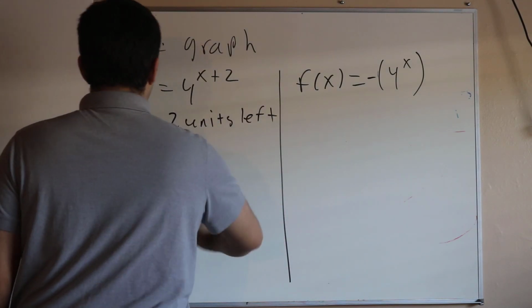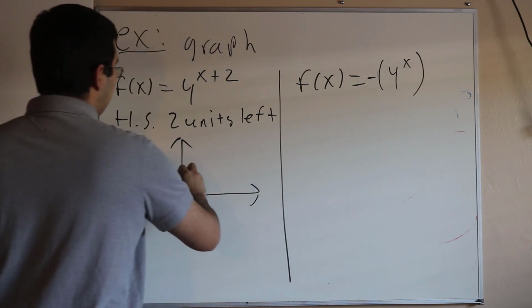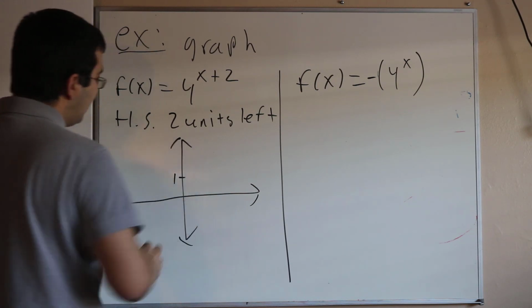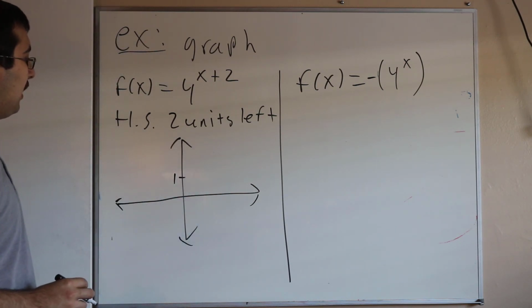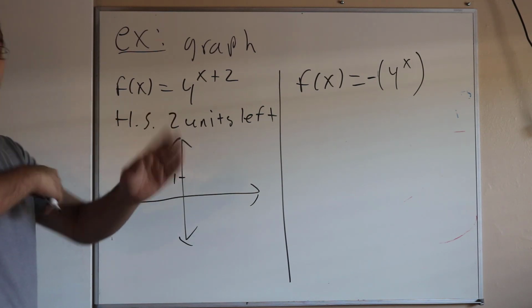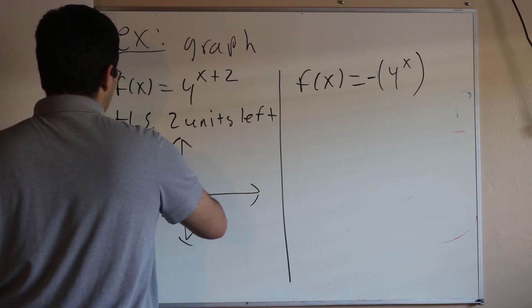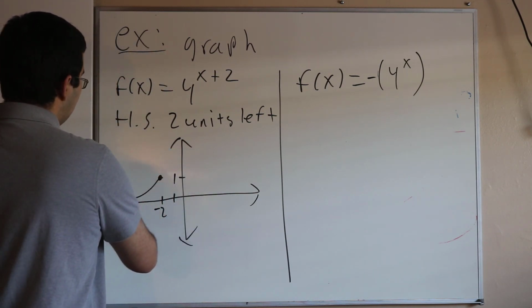Okay? So, what does that mean for us? All that means is, if before I had the y-intercept of 1, or 0, 1, I'm now going to take that point 0, 1 and move it 2 units left. So now I'm going to have that point minus 2, 1.